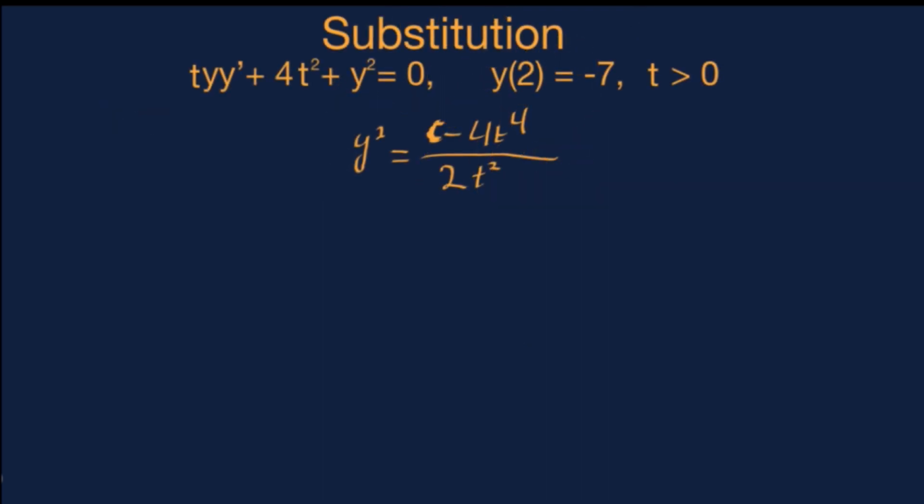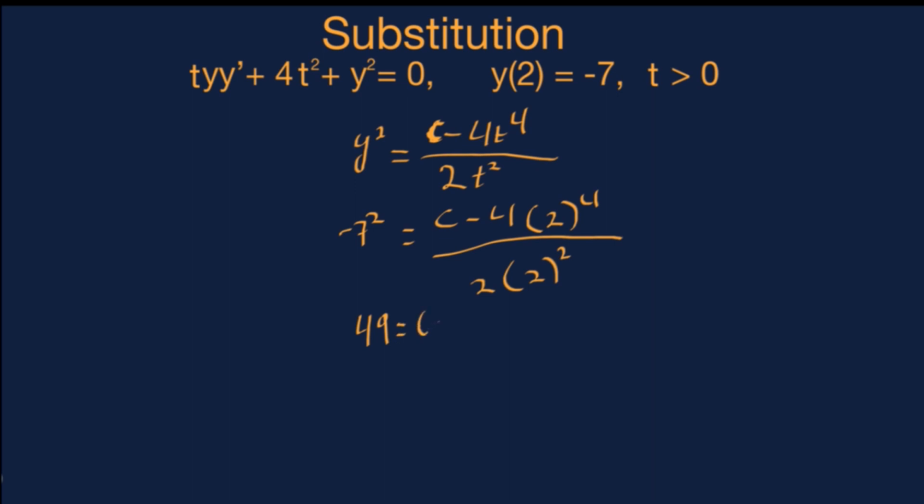So now that we have the equation back in terms of y, at this point we can actually plug in the value of the initial condition to solve for the unknown constant c. So when we do that, we get (-7) squared is equal to (c minus 4 times 2 to the fourth) over (2 times 2 squared), which is 49, is equal to (c minus 64) over 8.